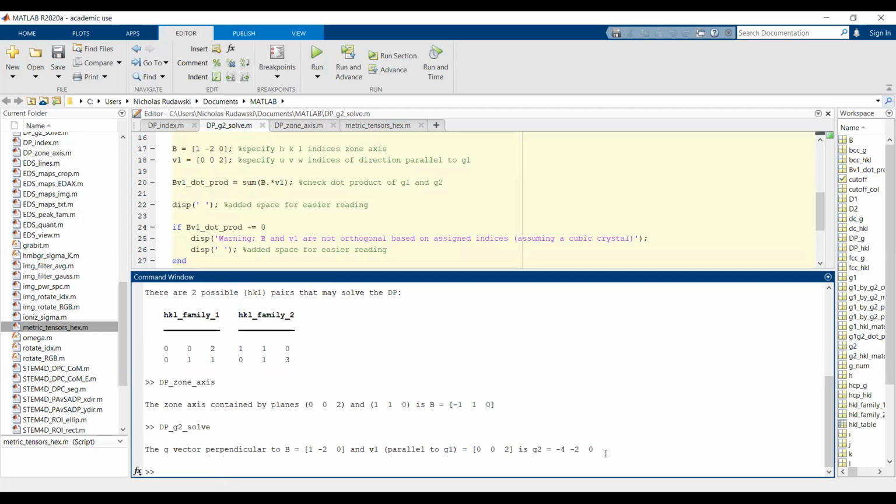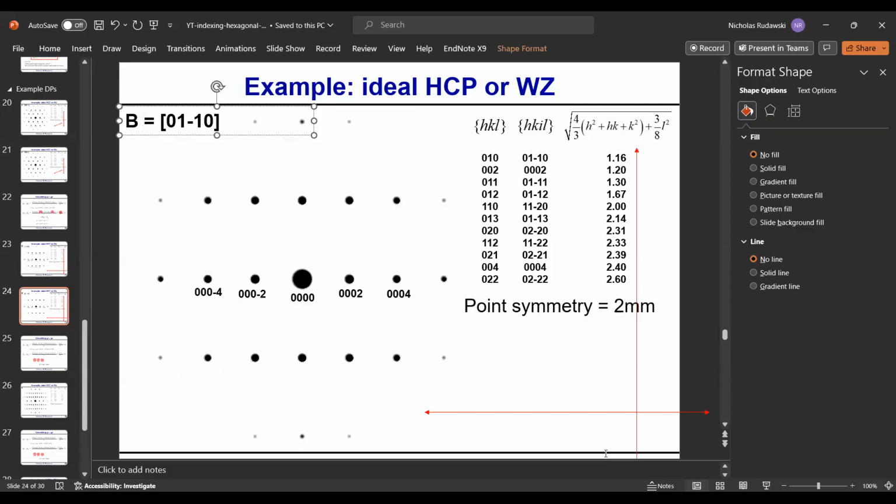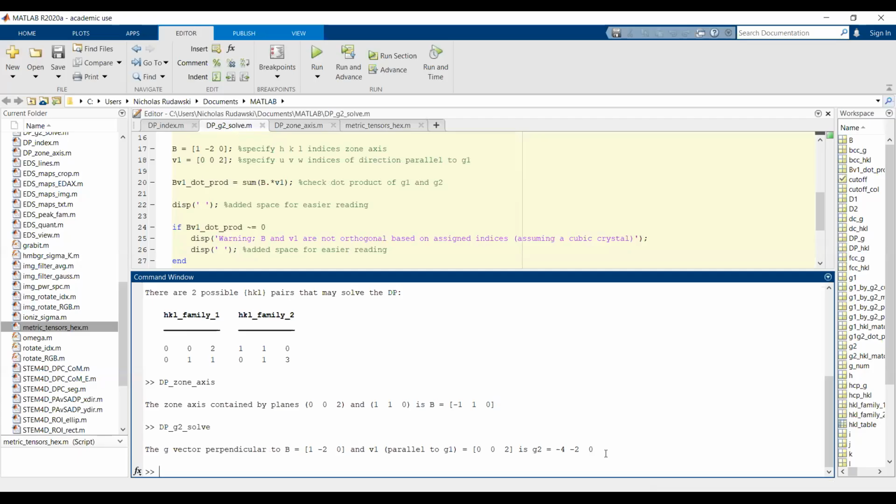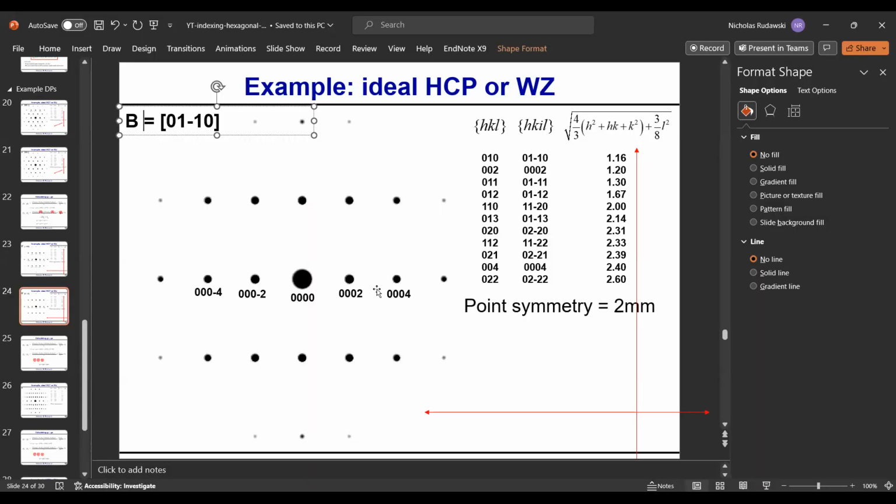Now we have to reduce this down to an appropriate set of indices, okay? So if we do that, we know that the family has to be this family right here.